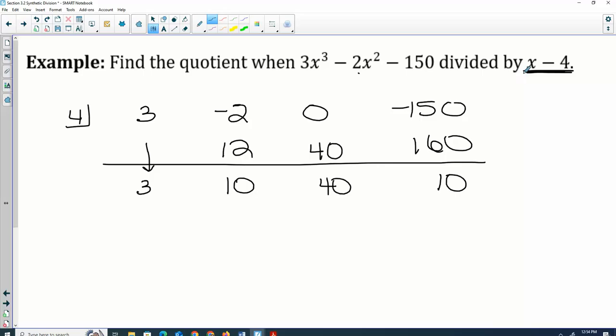So this only works if we're dividing by something linear. At this point, this number is your remainder. This is your constant. And then just increasing powers of x. So that would be x and then x squared.